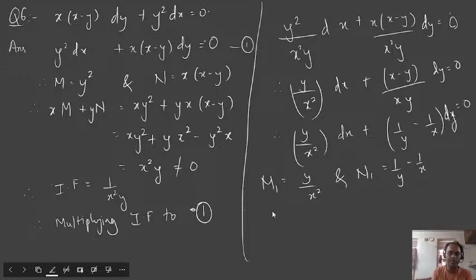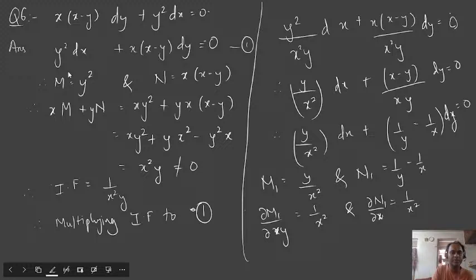Okay, so dou M1 by dou y is 1 over x square, and dou N1 by dou x is going to be 1 over x square.